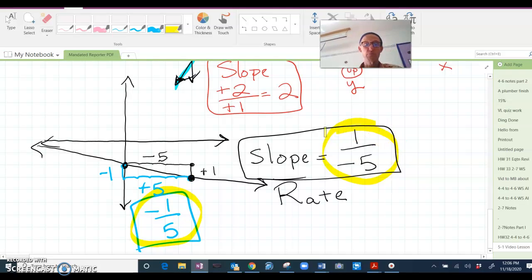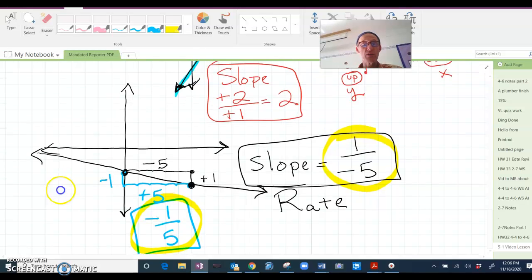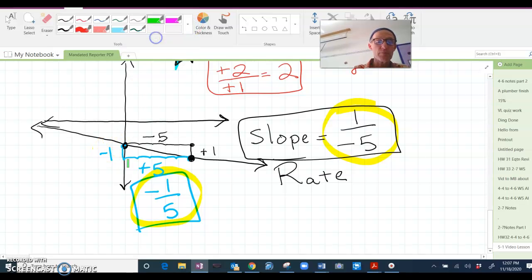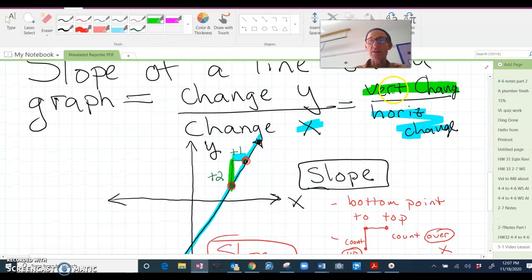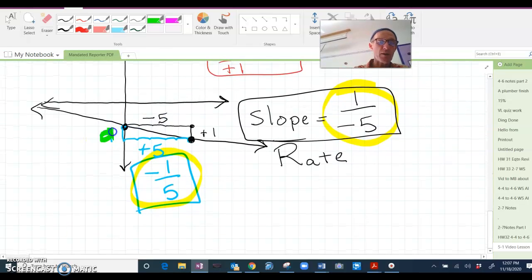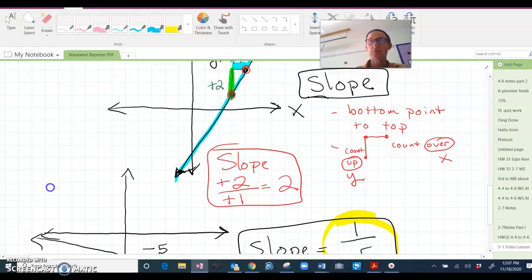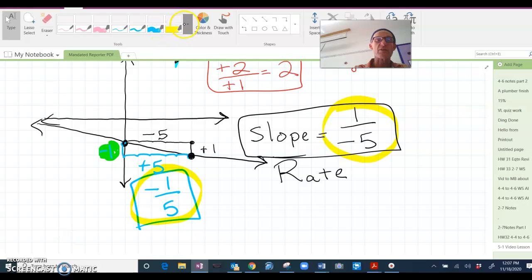So to find the slope of a line when you've got the graph, you're going to count the change in the y, the vertical change, up and down. And it's going to be over the change in x, which is the horizontal change.